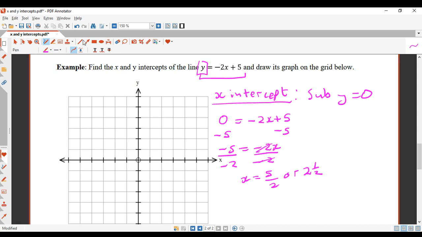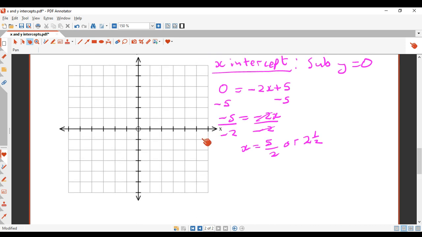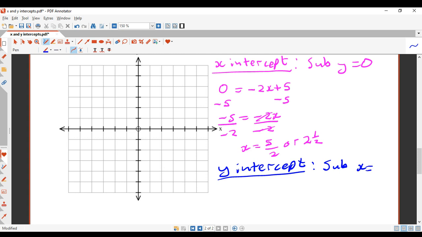Okay. Now, what about the y-intercept? For the y-intercept, we know what to do there because it tells you on the previous page. You are going to sub in x equals 0. Okay, so think back to your equation.